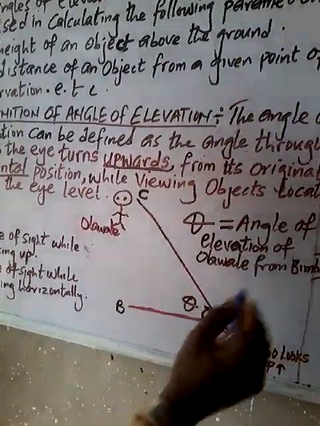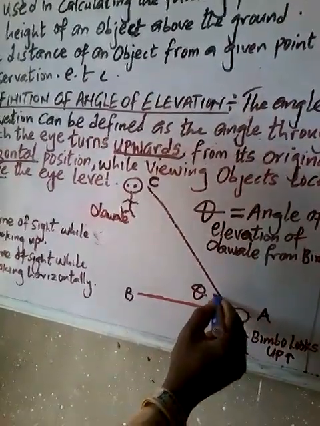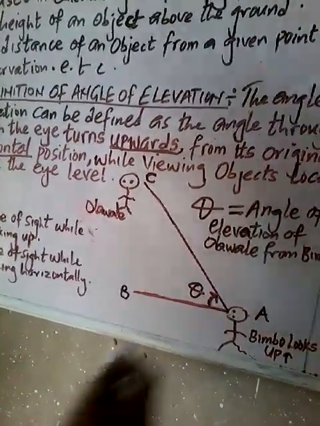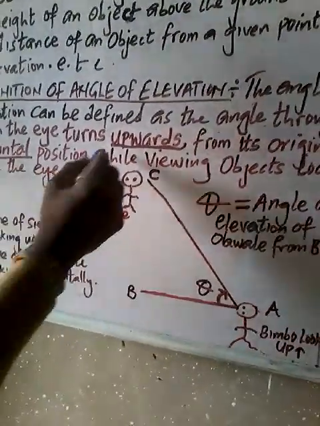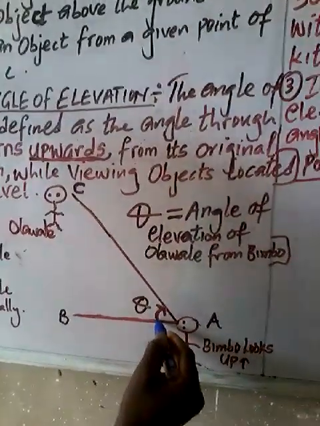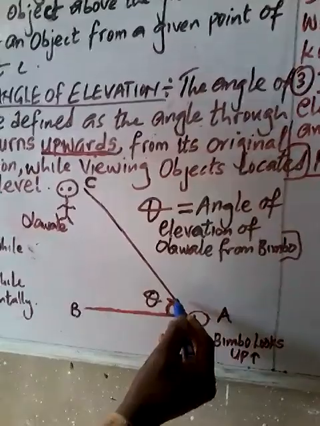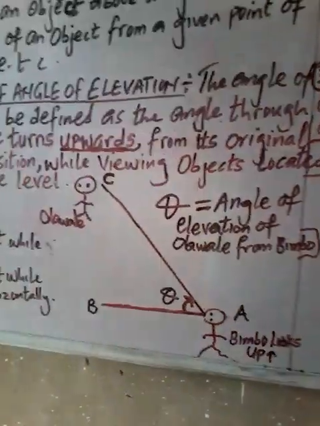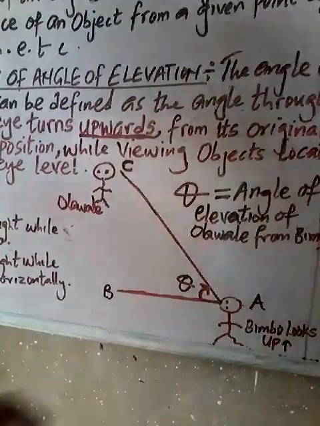Now, if she looks up, she will have to turn her eye up. And that is why angle of elevation is an angle turned through upwards. And so she turns the eye up to the level where she could see Olawale on the first floor. So this angle turned through is called the angle of elevation.